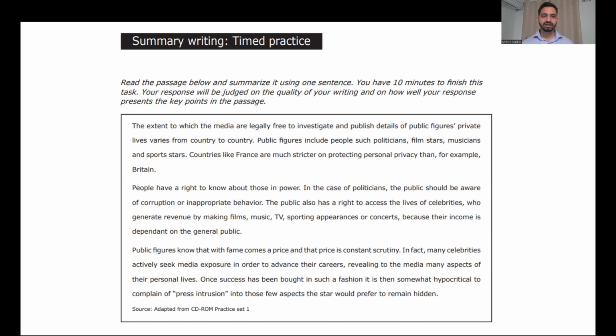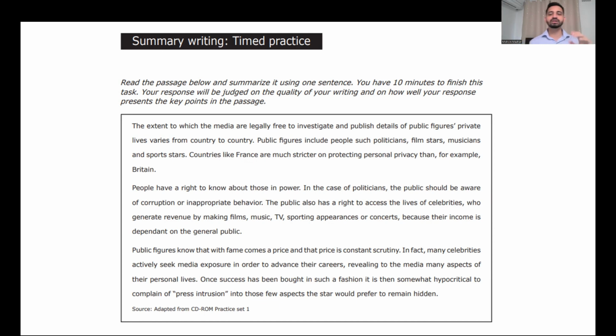The text starts by saying the extent to which the media are legally free to investigate and publish details of public figures' private lives varies from country to country.